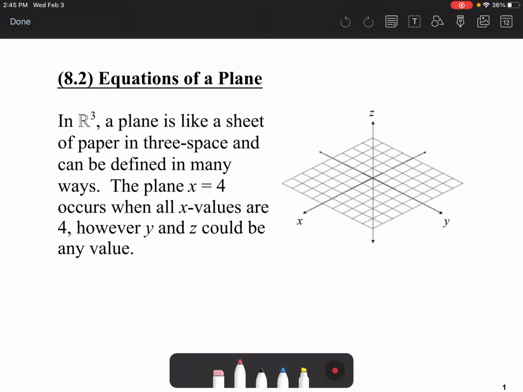So in 3 space, or in R cubed, a plane is like a sheet of paper in 3-dimensional space that can be defined in many ways. So the plane x equal to 4. Well, first of all, I'm going to label this grid.